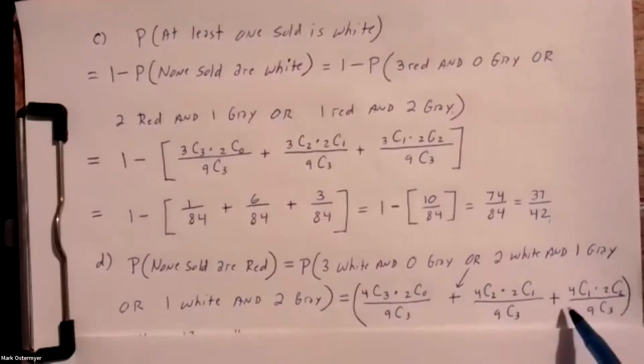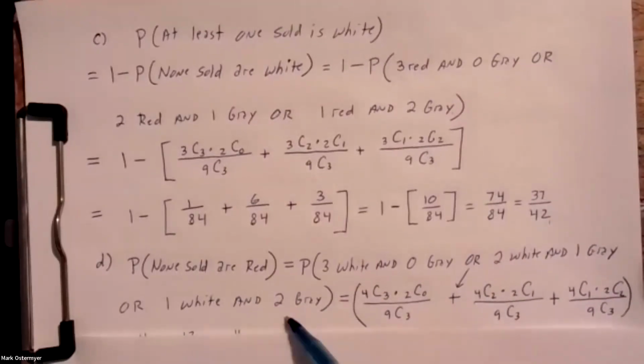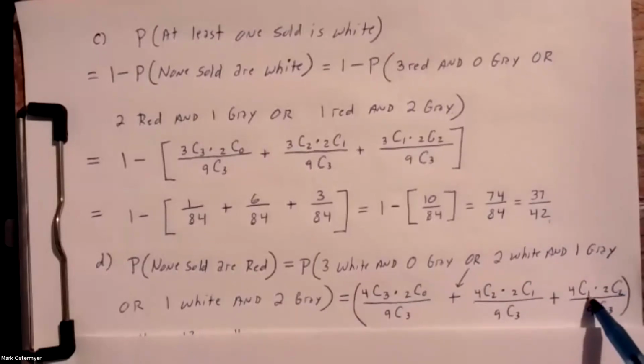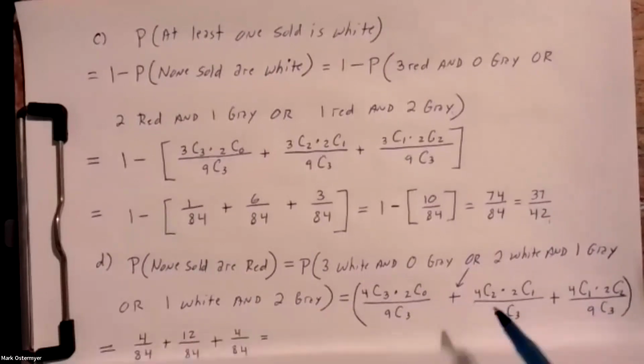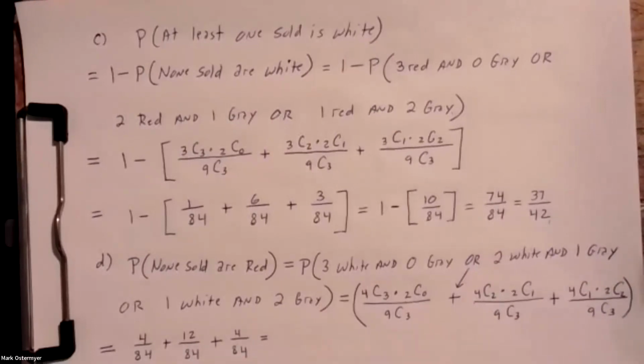Plus, what's the number of different ways of selling 1 white and 2 gray? How many ways can we sell 1 white among 4 white available? Order does not matter. 4 in combination with 1, times how many ways can we sell 2 gray of the 2 gray we have available? 2 in combination with 2, divided by 9 in combination with 3. When you do all these ratios, you get this.